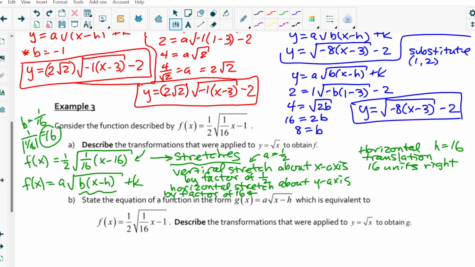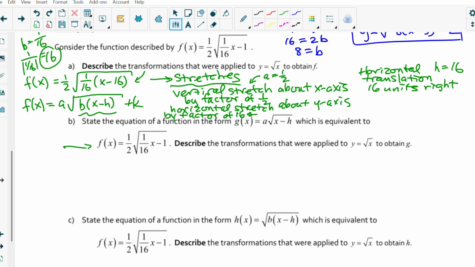Okay, letter B. State the equation of a function in the form g of x equals a times the square root of x minus h, which is equivalent to our original function. So this time we want only a vertical stretch. How do we eliminate that horizontal stretch? We're writing equivalent functions, so I just need to do some algebraic manipulation.